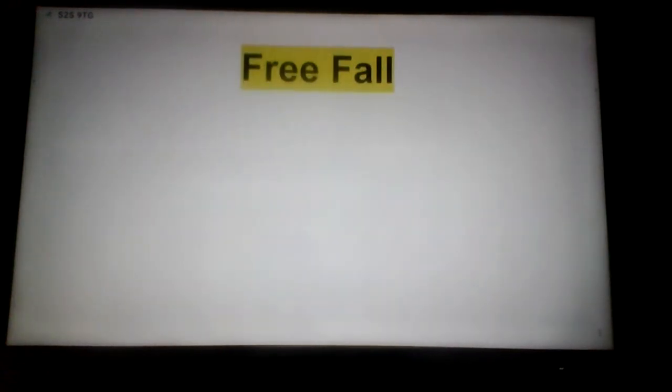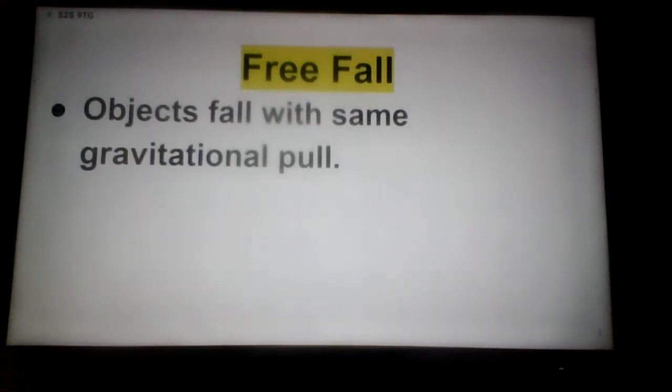Free fall. Now I made these fall because we're talking about free fall. Objects always fall with the same gravitational pull. Many people think heavier objects automatically fall faster. Well, in many cases that realistically happens. Scientifically speaking, there are reasons for that. Heavier objects are typically denser, which means those objects will cut through the air resistance better.